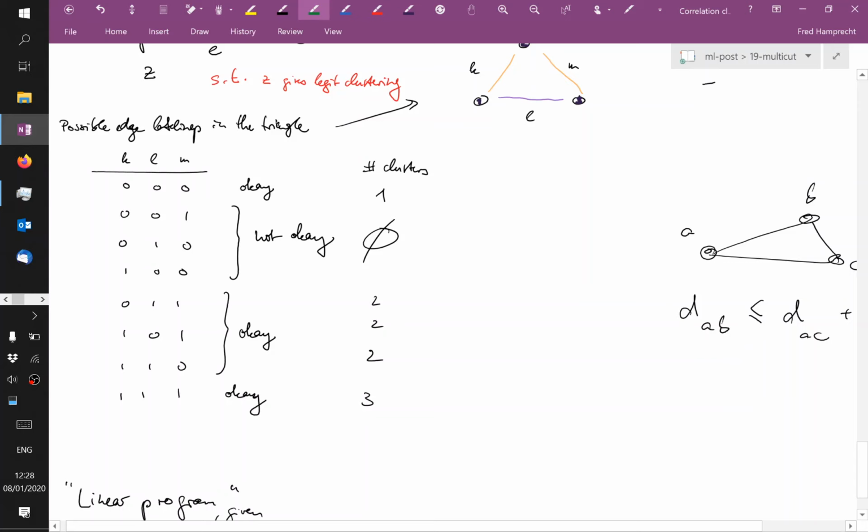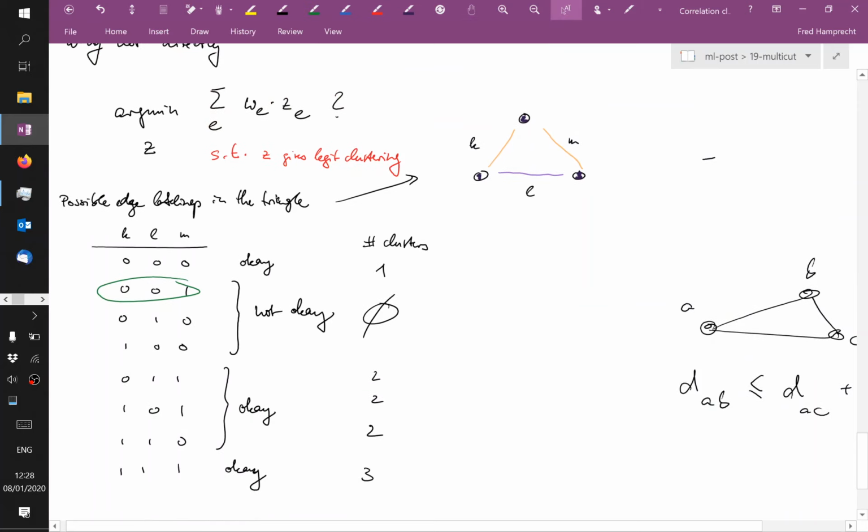This is fine. But now let's look at one of those here. So here it says ZM. If I make M here my pivot, ZM should be no more than ZK plus ZL. And here we have that 1 is less than 0 plus 0.